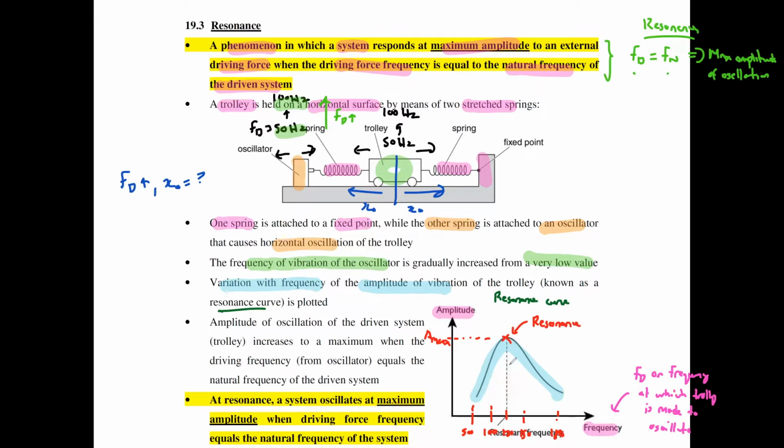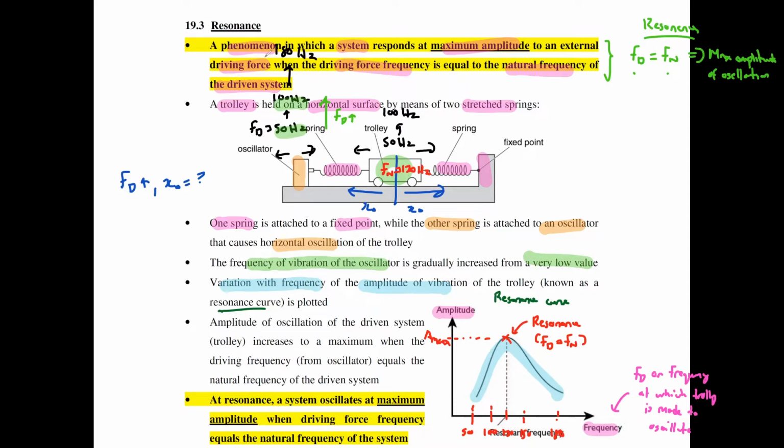So resonance will occur when your driving frequency equals your natural frequency. Say, for example, my trolley has a natural frequency of 120 Hertz, and my oscillator frequency is increased from 50 Hertz all the way to 180 Hertz.